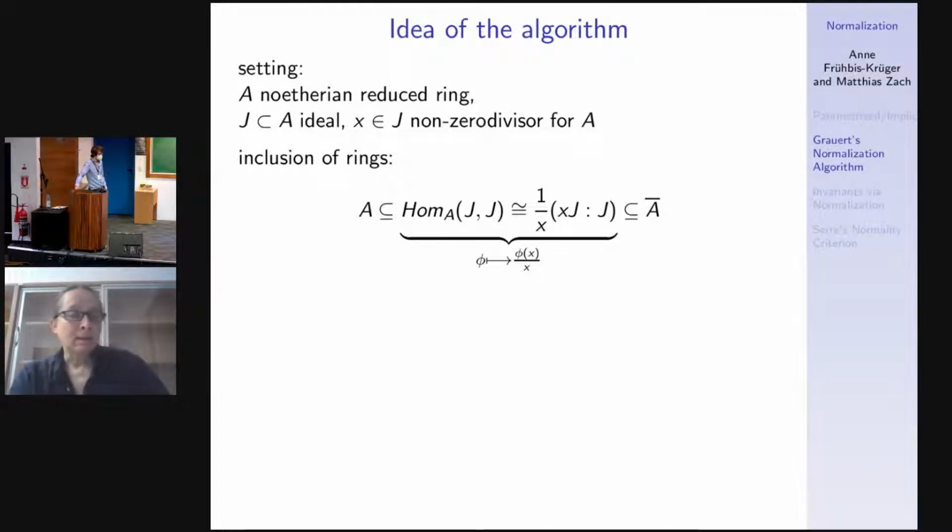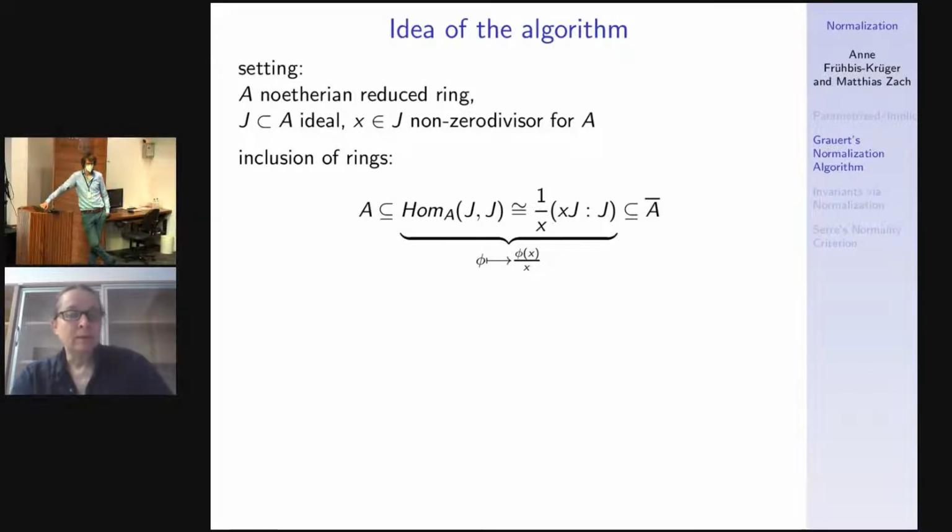And this ring of homomorphisms is isomorphic to an ideal quotient times 1 divided by x. That looks very surprising at first. How can a homomorphism be isomorphic to some slightly modified ideal quotient? Look at the map down here. If we have a homomorphism phi, then this homomorphism is mapped to phi of x divided by x.